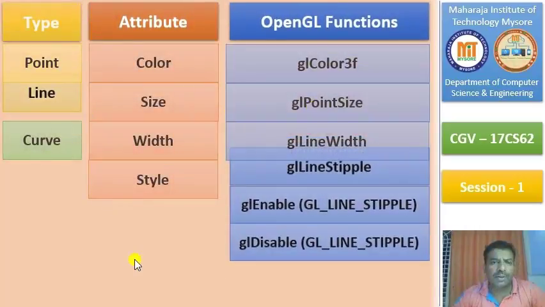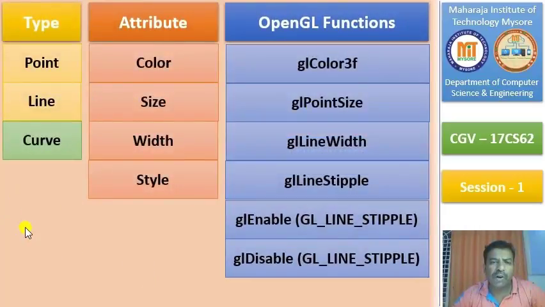So these are the different types of attributes we have discussed. With respect to the primitives, for the point we have discussed the color and the size.